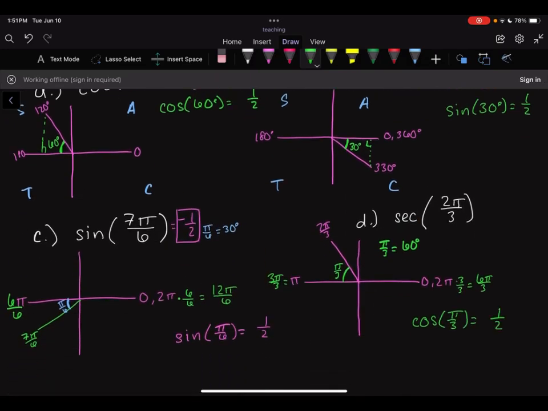And then cosine 2 pi over 3 would be 1 over 2 as well, but it's in quadrant 2, so it's going to be negative. And then secant is just the flip of cosine, so in this case it'd be negative 2 over 1, so just negative 2. Now be careful, if you ever get radicals in the denominator, you are going to have to rationalize those, at least for my math lab.